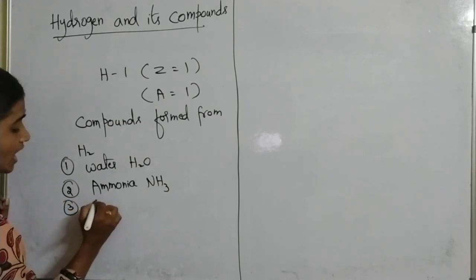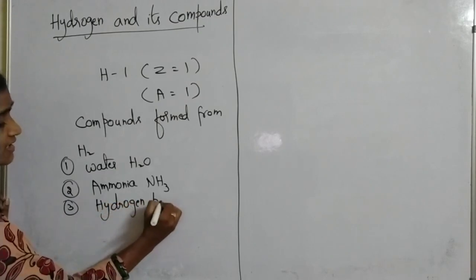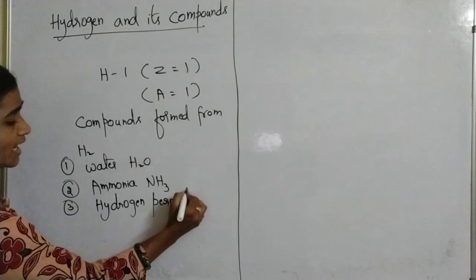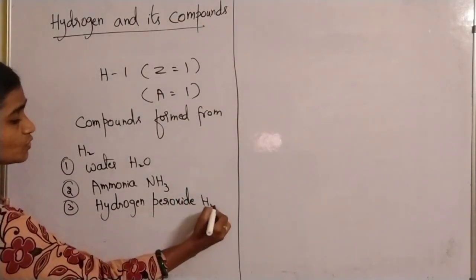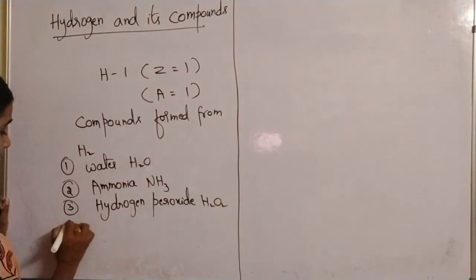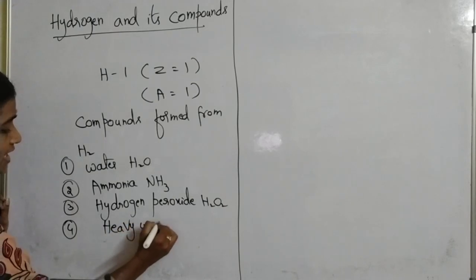And hydrogen peroxide, H2O2. In this lesson we are going to deal with these compounds, their preparations and properties. And you have heavy water, which is called D2O.